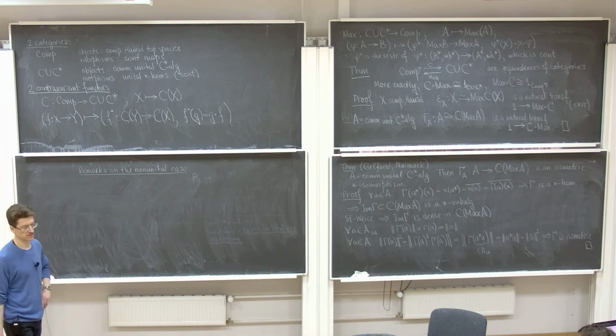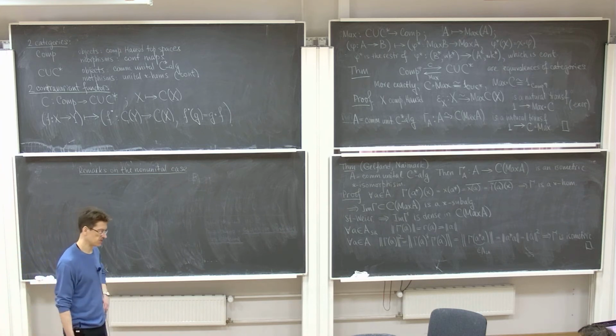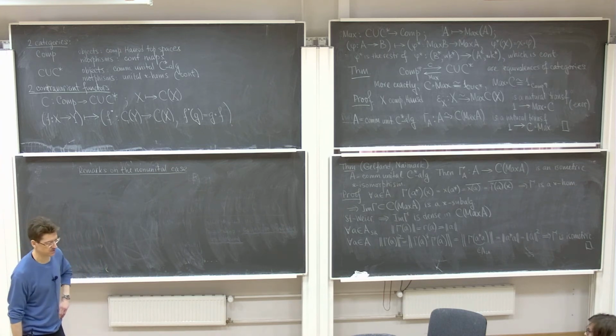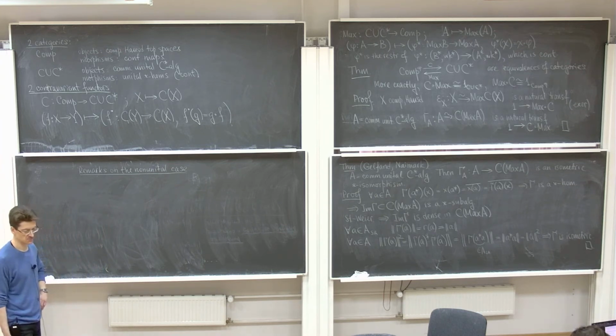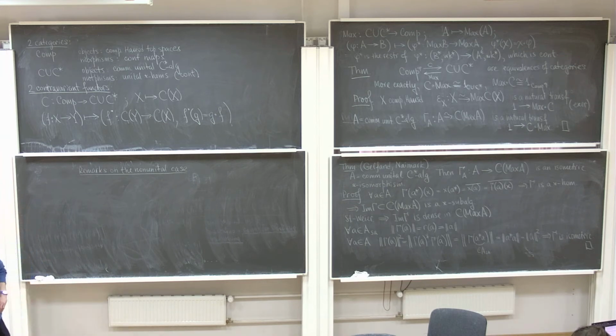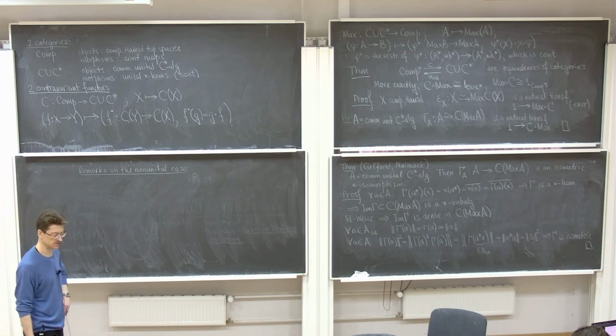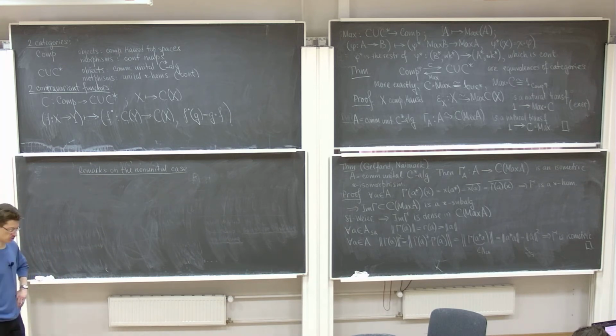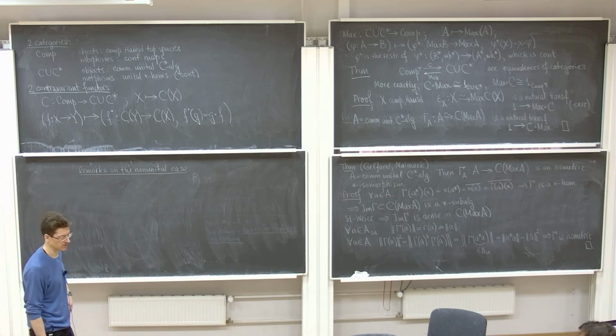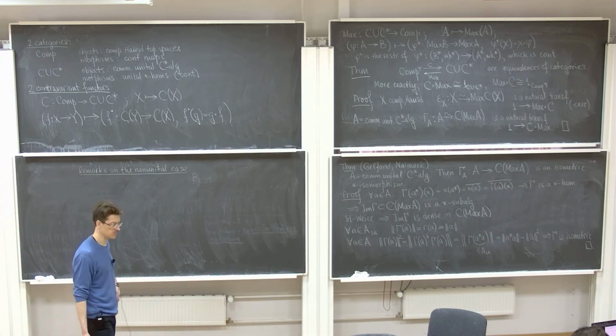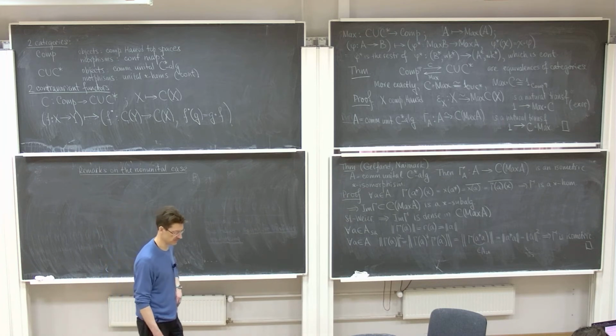On the one hand, there are many natural examples of non-unital Banach algebras and non-unital C-star algebras, such as, for example, algebras of compact operators, or the group C-star algebra of a non-discrete locally compact group. And such algebras naturally arise in various applications to, say, representation theory, harmonic analysis, or quantum group theory.